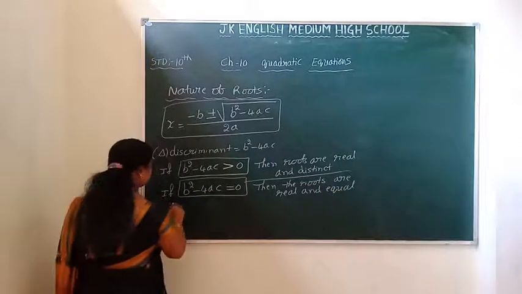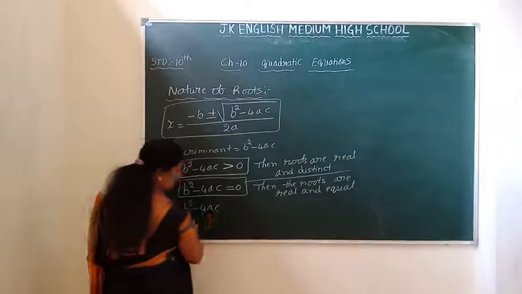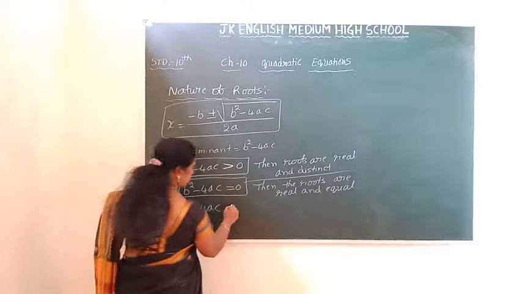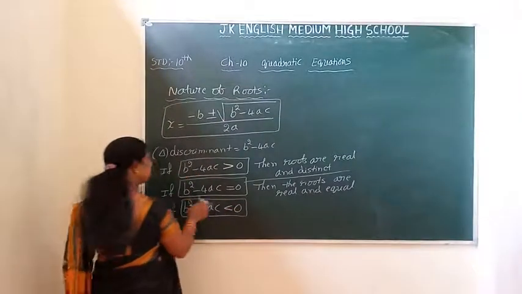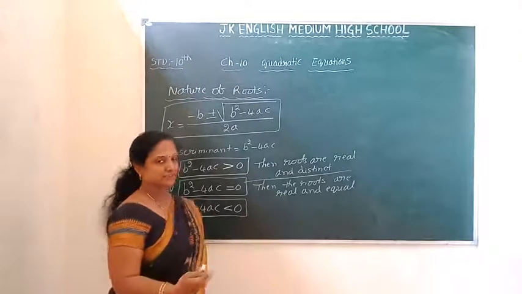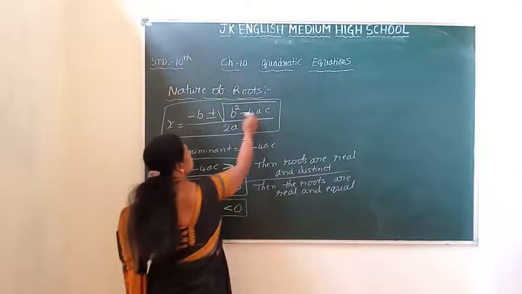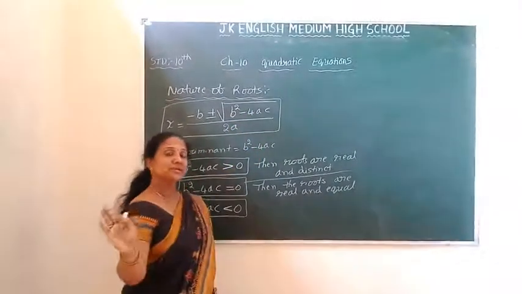Now if b square minus 4ac value is less than 0, meaning a negative value, then if after simplification we get a negative value, no real root exists.